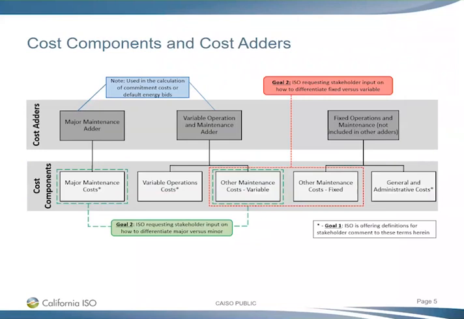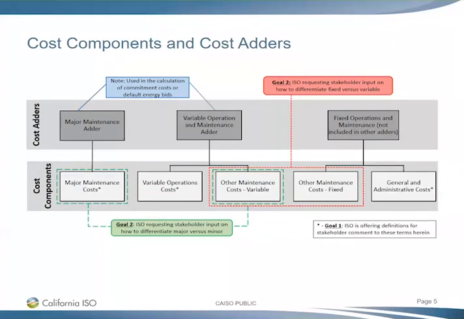So starting from the left, the major maintenance adder is comprised of major maintenance costs. Variable operations and maintenance adder is comprised of variable operations costs and the variable component of other maintenance costs.